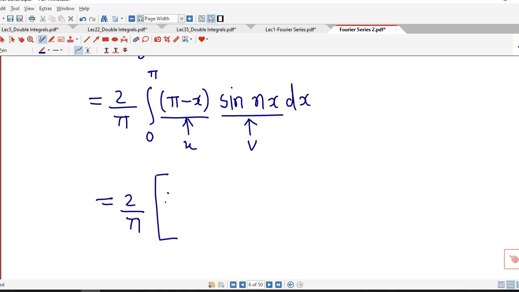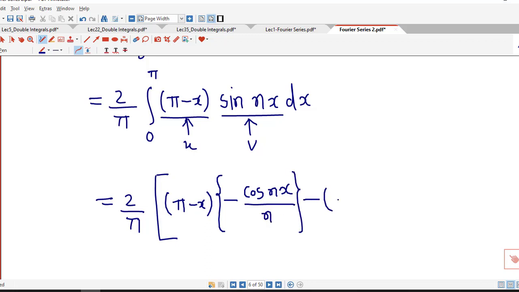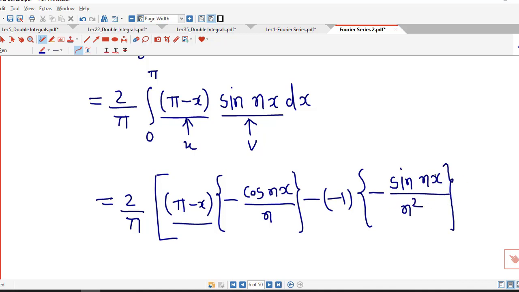So pi minus x as it is. Integral of sin nx is minus cos nx divided by n, minus derivative of pi minus x, which is minus 1, integral of cosine function is sin nx by n, and there is minus 1 by n in the product, and here we stop. In the next step, derivative of minus 1 will be 0. Limits are from 0 to pi.